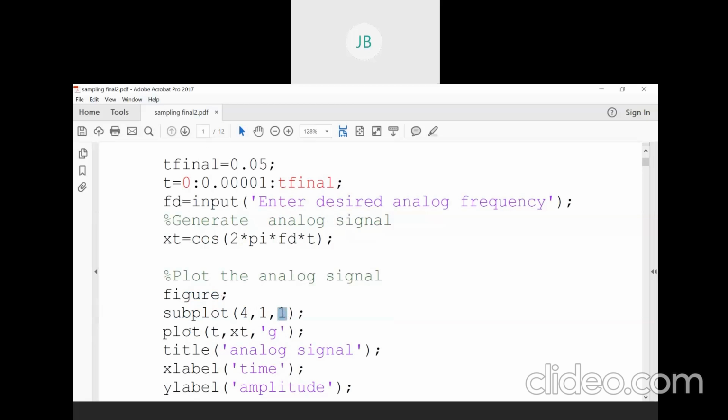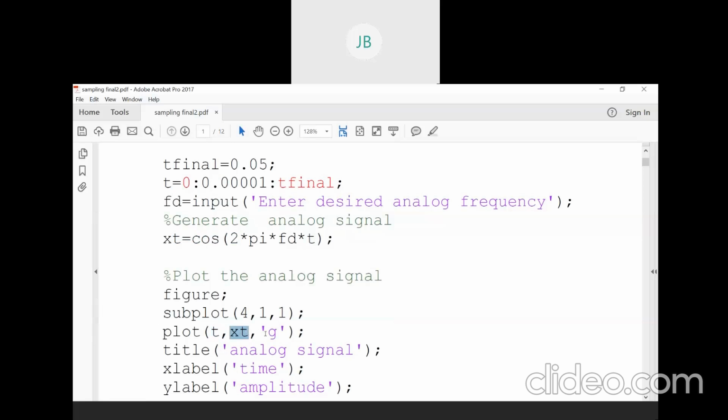And we are going to plot what? We are going to plot t and xt. We want to draw the cos signal. The cos signal is drawn for different time values, and those cosine variations of the amplitude xt are plotted. So this is the horizontal axis, this is the vertical axis.